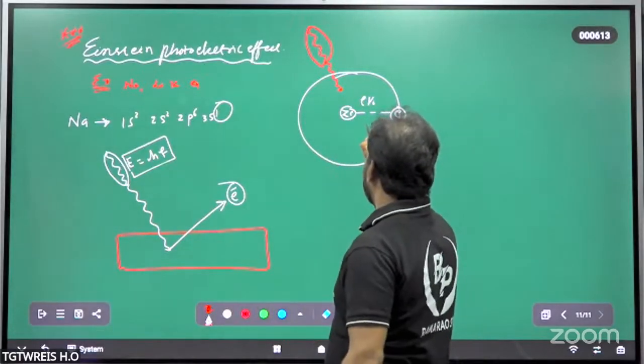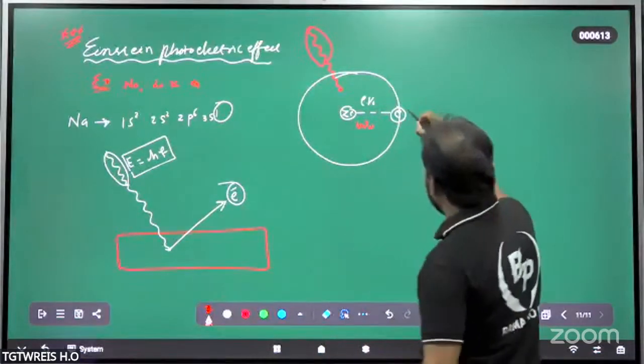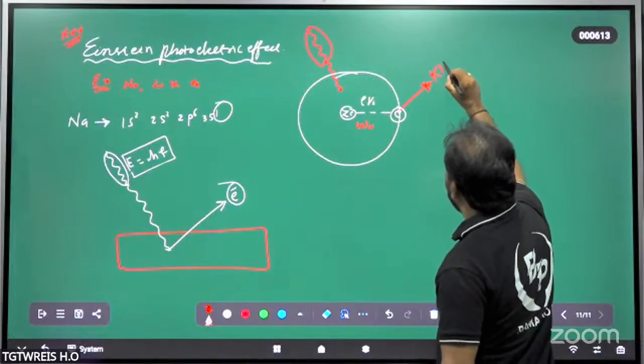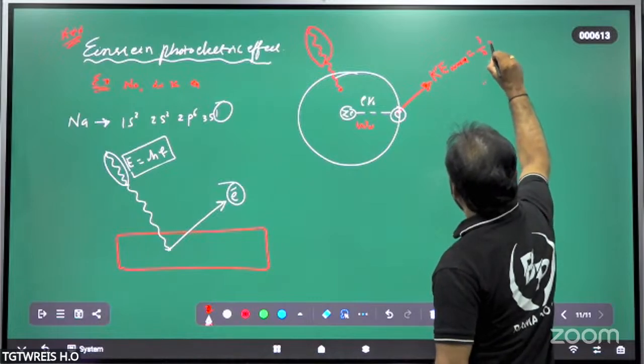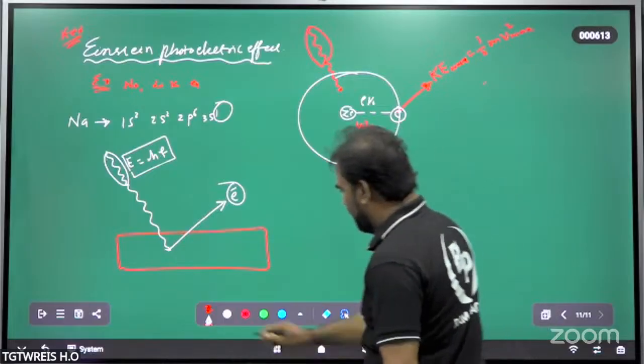First is the work done to break the bond, and the remaining energy is used to eject the electron from its orbit with maximum kinetic energy, K max equal to half m v square max. Is it clear?